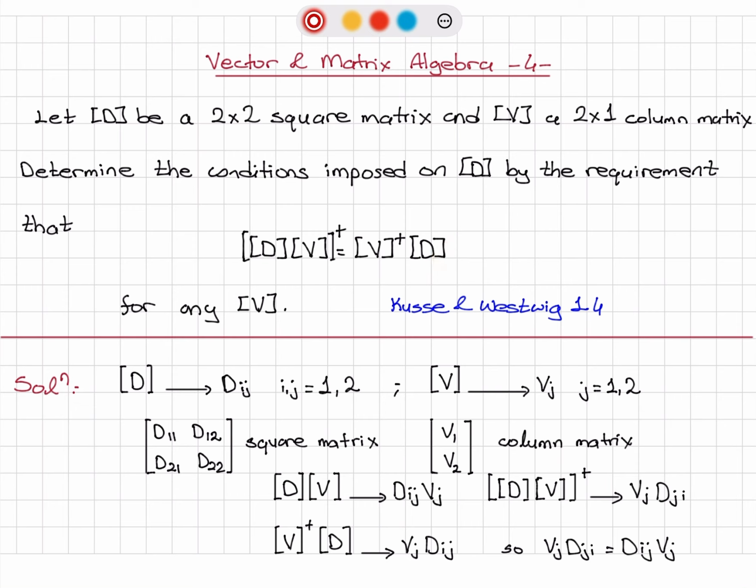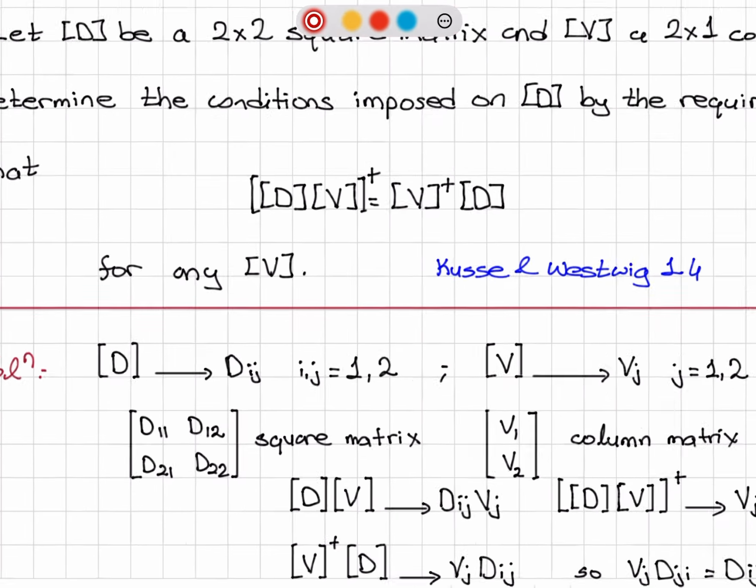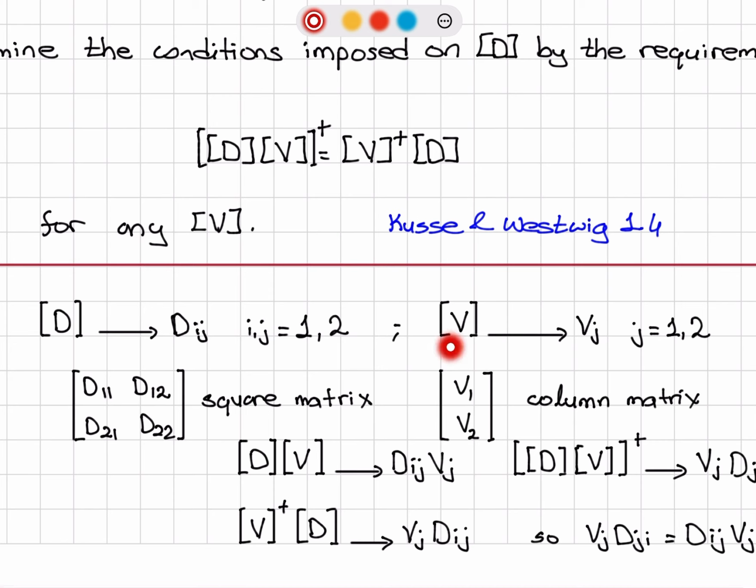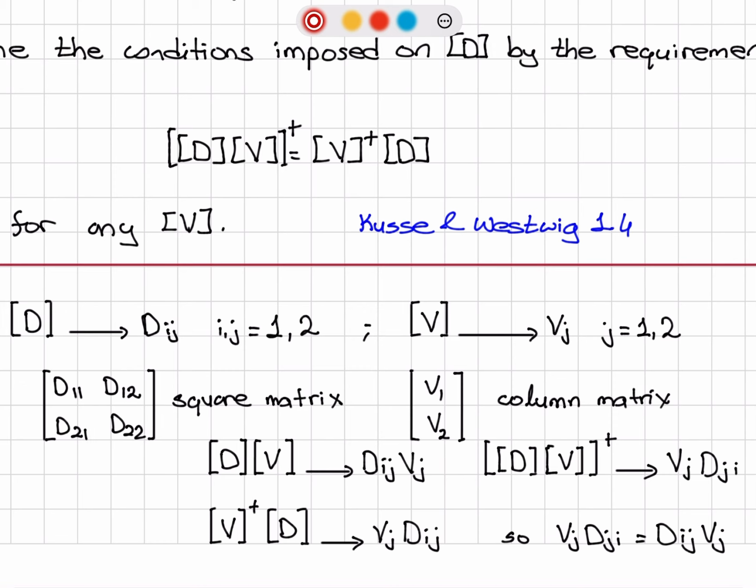So let's see that. D is represented in subscript summation notation as Dij, and V is a single column matrix, so it is Vj. So Dij Vj is D times V, and its transpose will be Vj Dji, so basically we're switching the places of i and j here. And V transpose times D is Vj Dij.